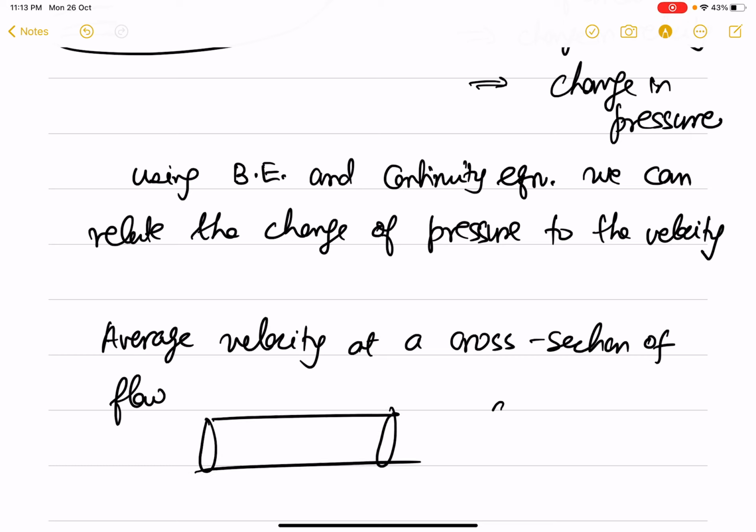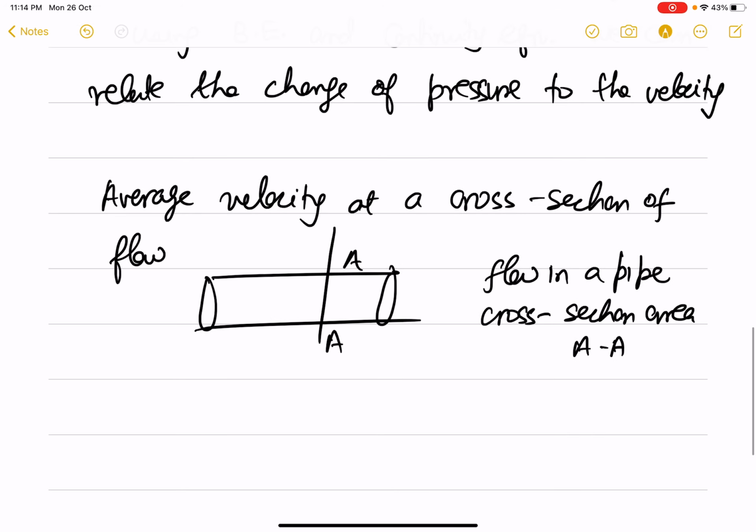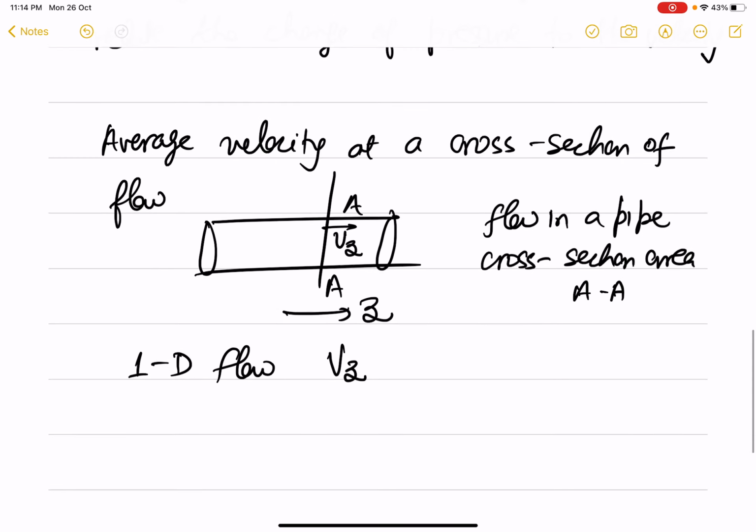If we have flow in a pipe and we look at the cross-sectional area AA, and let's say this is the z direction and the velocity here is Vz. So this is 1D flow with velocity in the z direction as Vz.